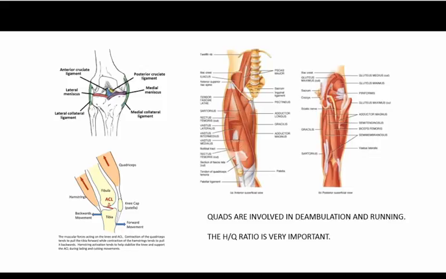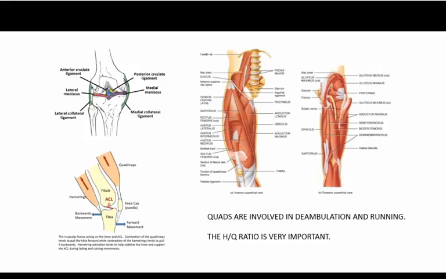So most of the time when we have an injury on the knee, especially on the ACL and sometimes meniscus and collateral, but especially for the ACL, the anterior cruciate ligament, most of the time the injury is due to very low strength of the hamstring.